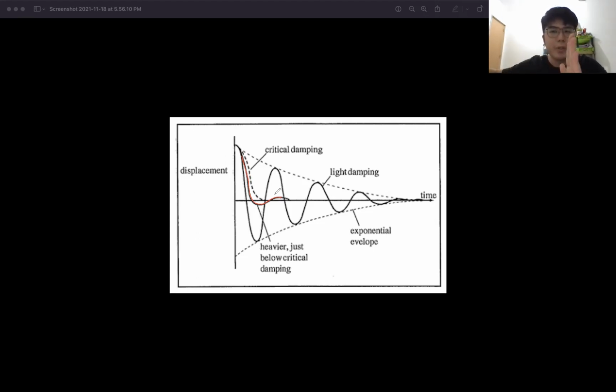That's why you have the graph like this. It goes to the other side and then comes back, and then eventually it goes up to the zero line.